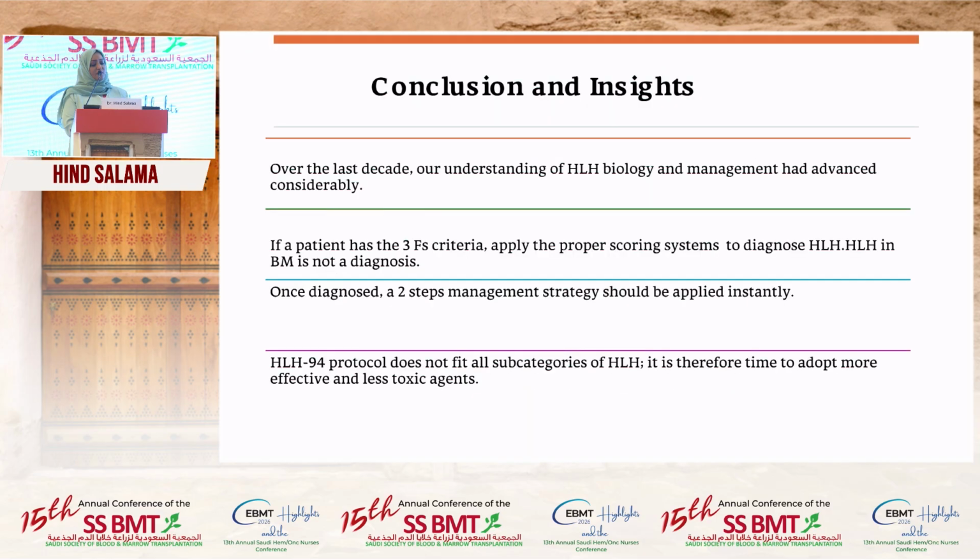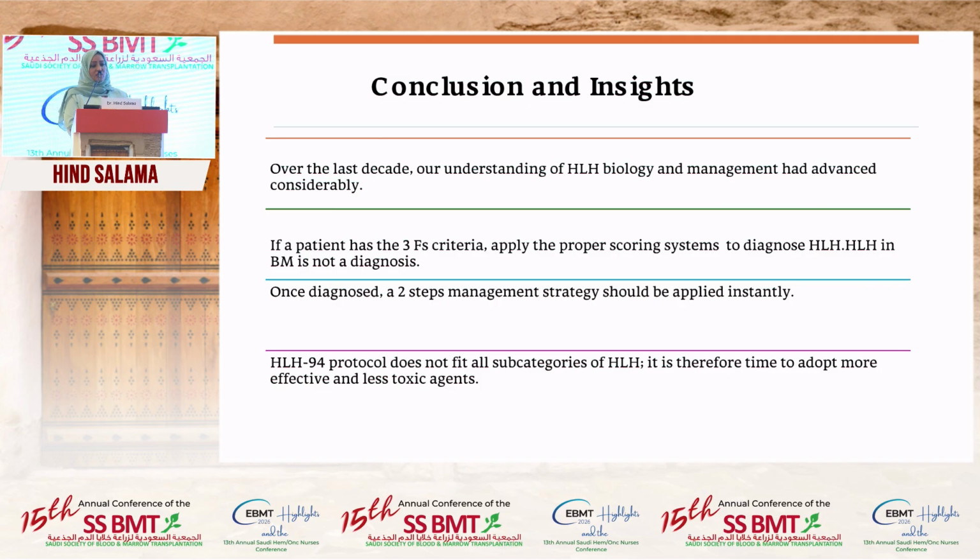So my conclusion from this part is that over the last decade, our understanding of HLH biology and management has advanced considerably. If the patient has the 3 F's criteria, apply the proper scoring system to diagnose HLH. Bone marrow is not diagnostic of HLH. So the presence of bone marrow biopsy with hemophagocytosis or no hemophagocytosis, this is just one parameter in the scoring system.